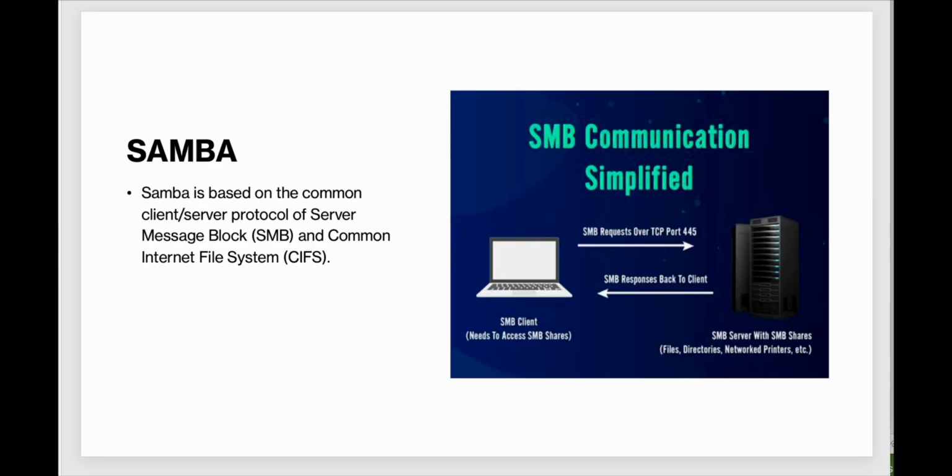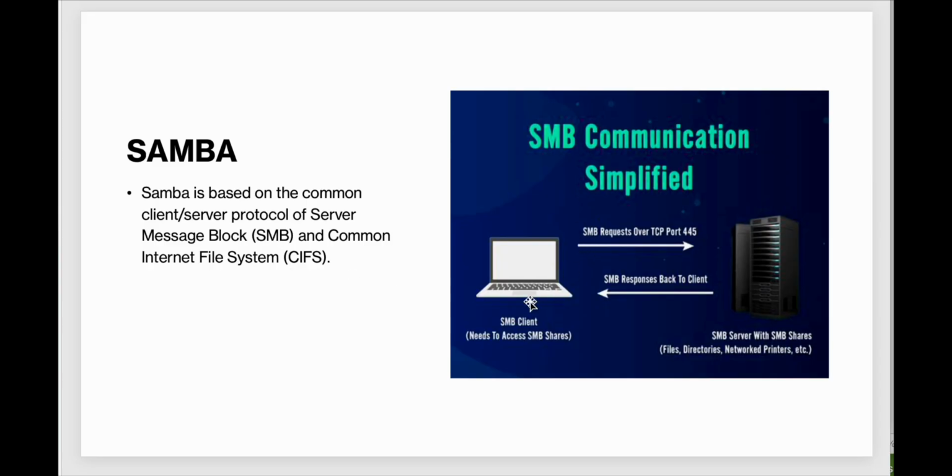Now, it is based on the common file sharing protocol known as CIFS, Common Internet File System, and CIFS, in terms of nomenclature, has been replaced by the name SMB, or Server Message Block. But the first version of SMB was called the Common Internet File System. So for that reason, SMB and CIFS can be interchangeable.